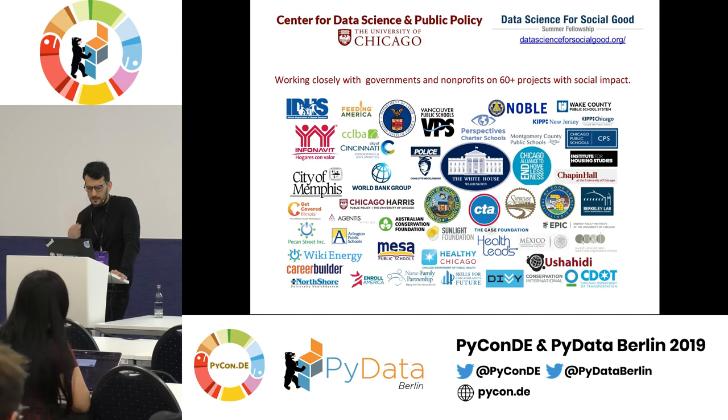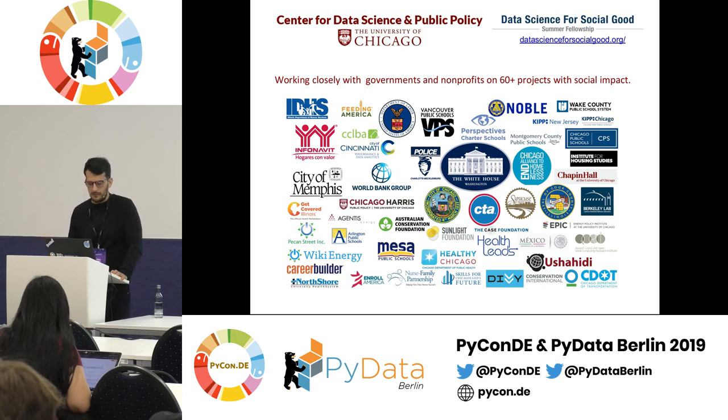And just to give you a little bit of context about the work that I developed in Chicago, of which the Aequitas toolkit is part. I'm one of the main contributors of the toolkit.